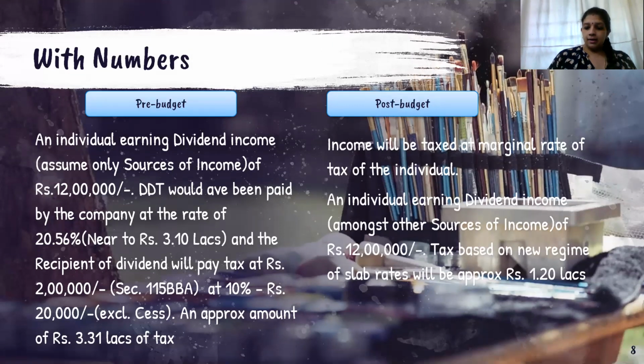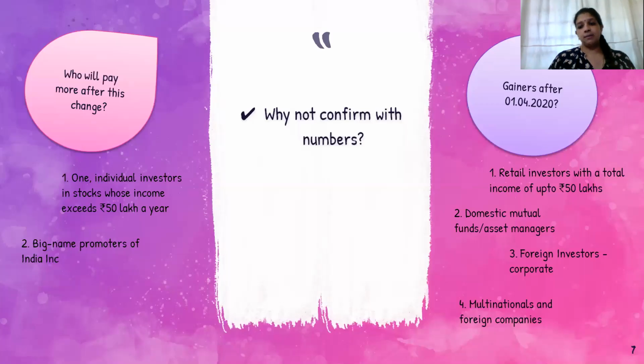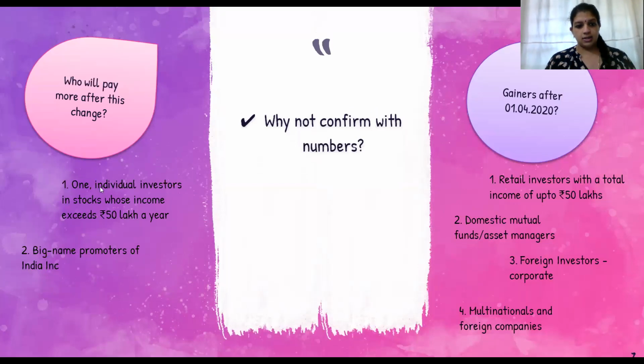The second category shall be domestic mutual funds or asset managers. These people enjoy a pass-through status and pay no tax, as now they can pocket large dividend income from their portfolios, as they will no longer suffer the indirect incidence of DDT.